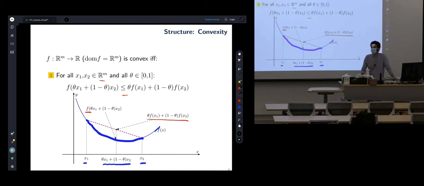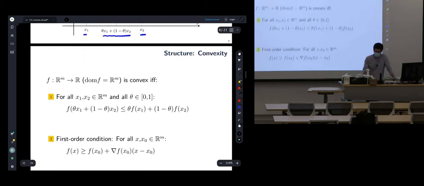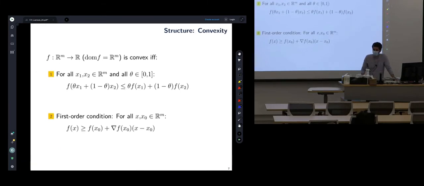Then, if you find any local minimum, that's your global minimum. So it is always preferred to formulate an optimization problem that is convex. But as you can guess, most interesting problems in practice are not convex.